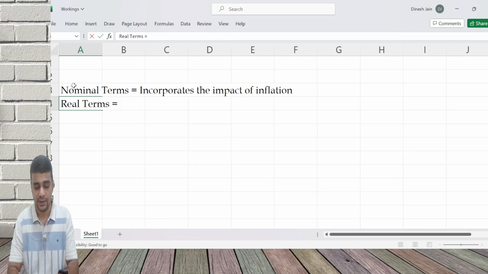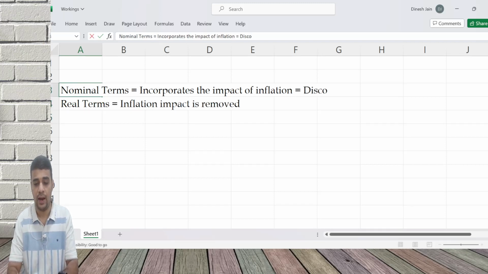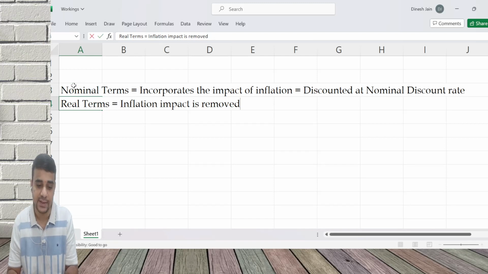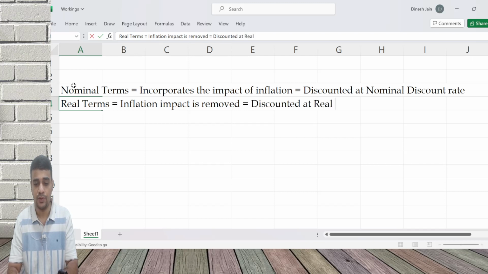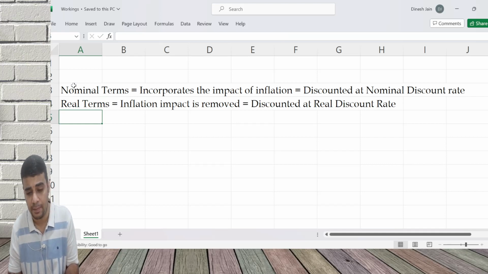Real terms means the inflation impact is removed. What we learned is nominal cash flows will be discounted at the nominal discount rate, also called the money discount rate, and real cash flows will be discounted at the real discount rate. That is what we learned as far as the real term part is concerned.